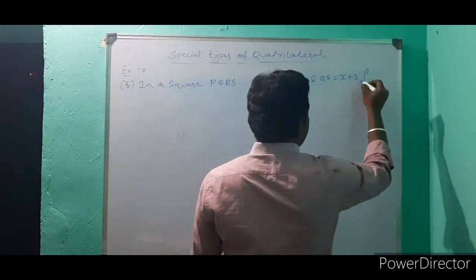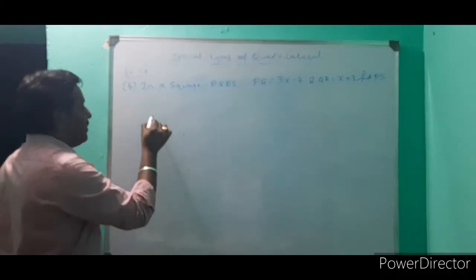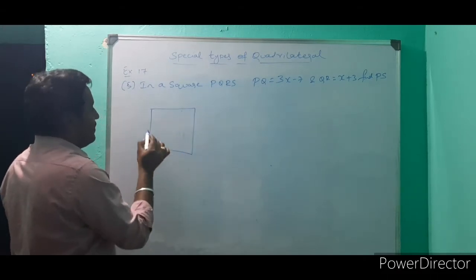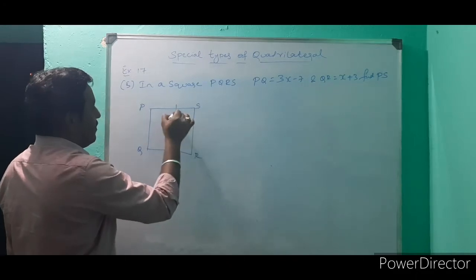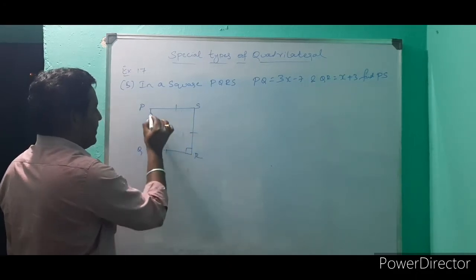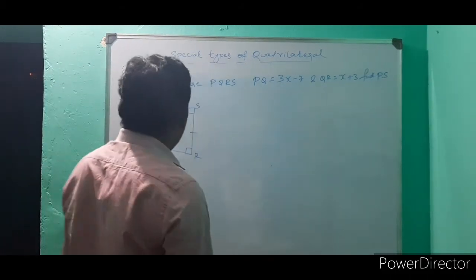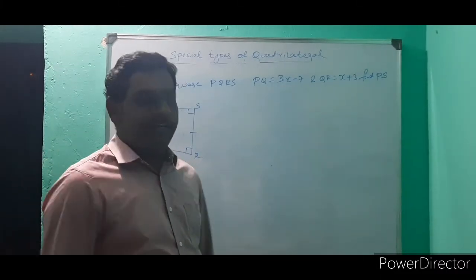Find PS. So, what are the properties of a square? In square PQRS, all the sides are equal, all angles are 90 degree, diagonals are equal, and diagonals bisect at the center at 90 degree.